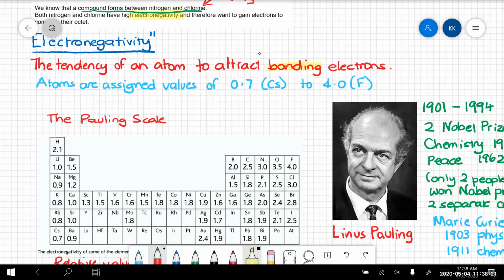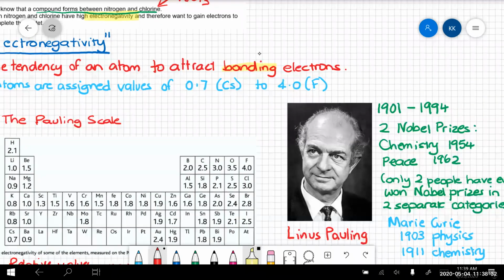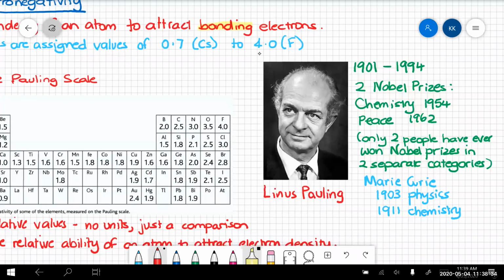Now, atoms are assigned electronegativity values on what is called the Pauling scale. This is after Linus Pauling, who lived in the 1900s. He won 2 Nobel Prizes: the Nobel Prize for Chemistry in 1954 and the Nobel Peace Prize in 1962.